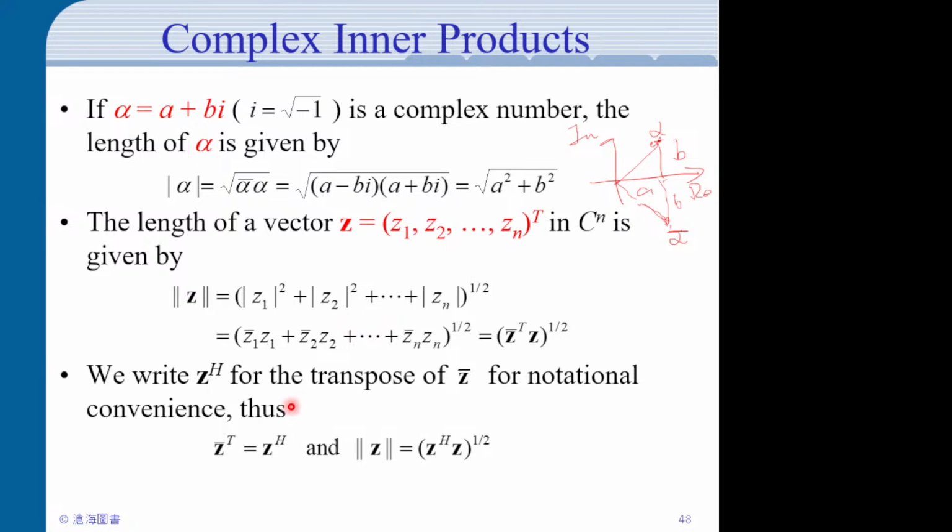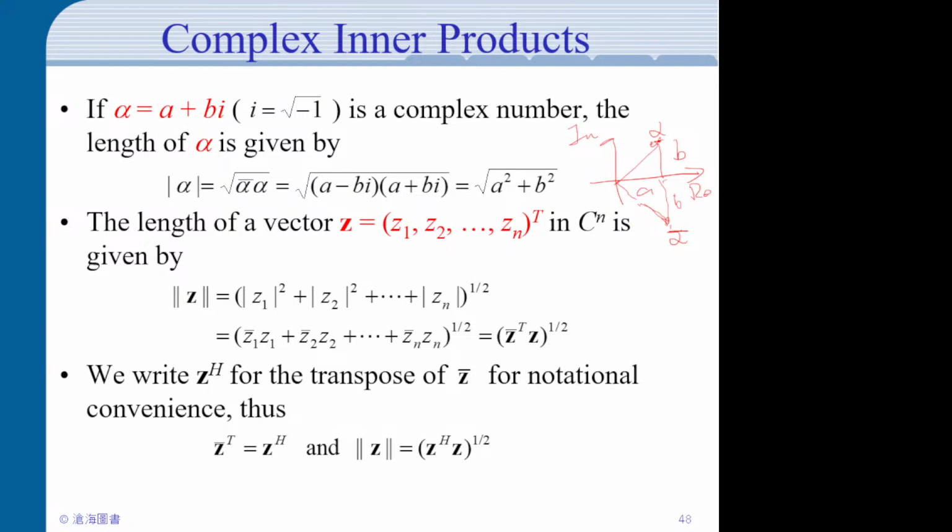If you think about writing this as a vector, then this is the z vector. You can write this as the z vector times another vector. That's not z, that's the z bar vector.